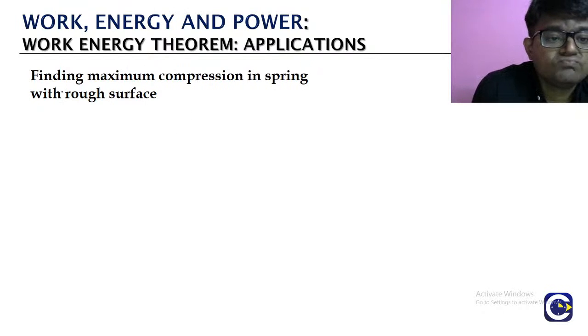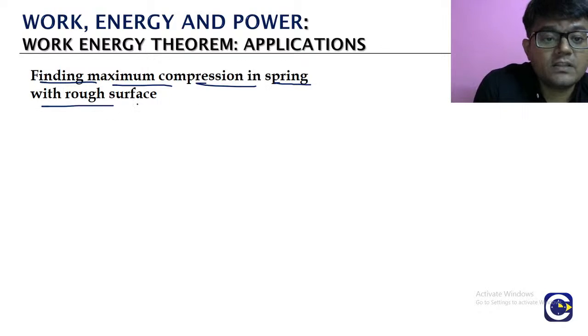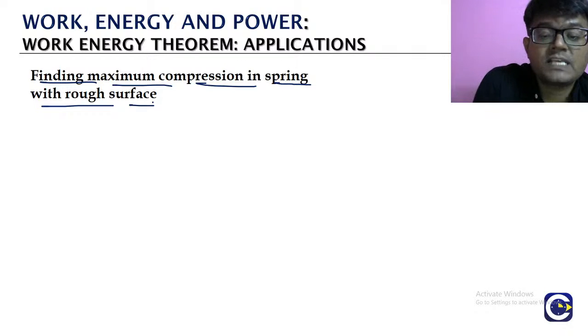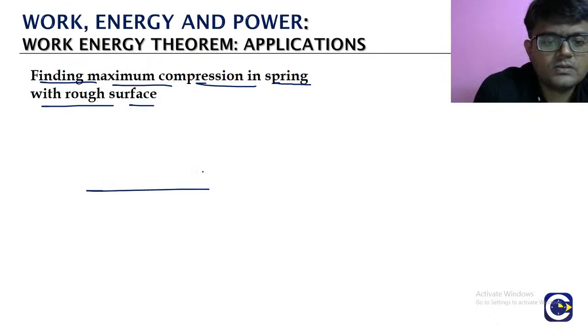Now look at this, finding the maximum compression in the spring with a rough surface. So previously, all the problems we solved, we were assuming the surface is smooth. So here we will take up one situation like this. Okay, so we have a spring.